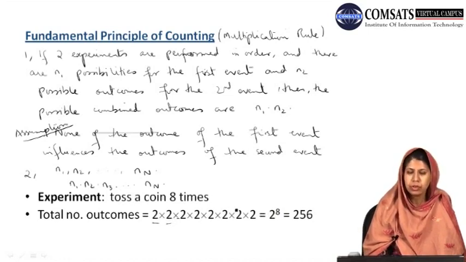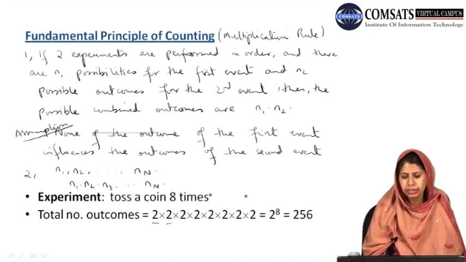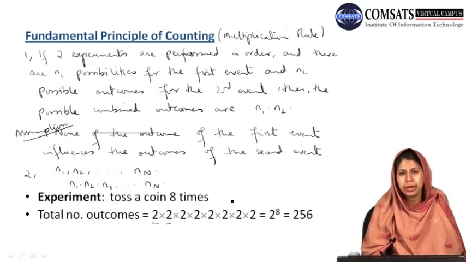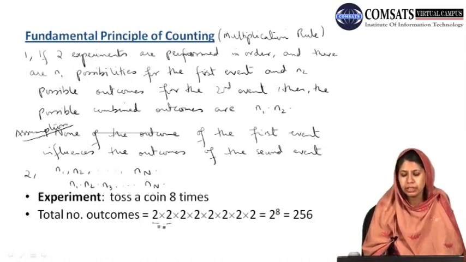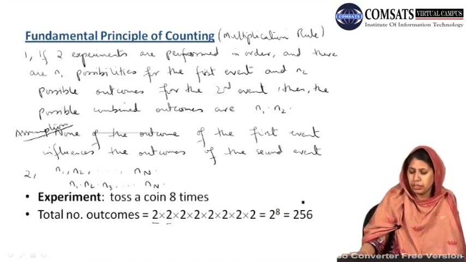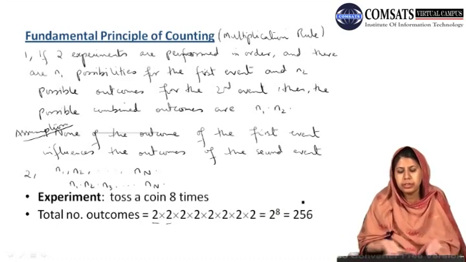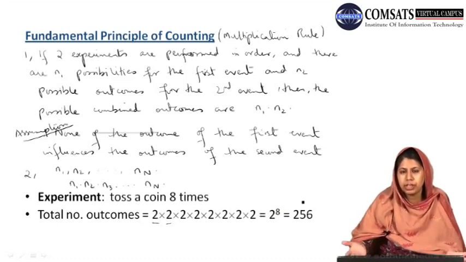And continuing, if we toss our coin 8 times, then each time we obtain two possible outcomes, and the total number of outcomes or the combined possibilities will be the product of the possible outcomes of each event. That is 2 into 2 up to 8 times, which is 2 to the power 8, and the total possible outcomes will be 256.